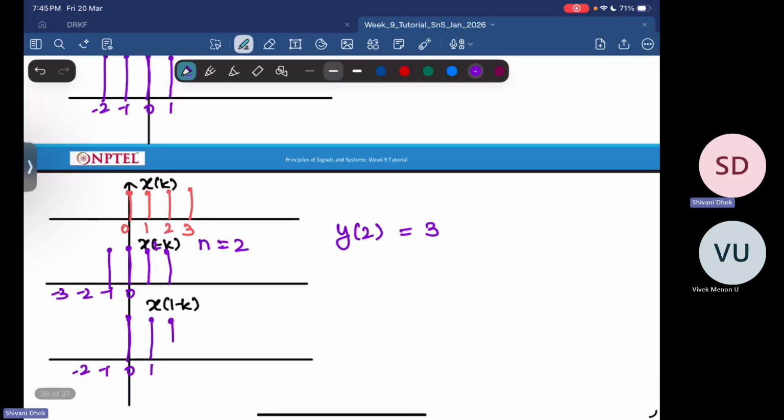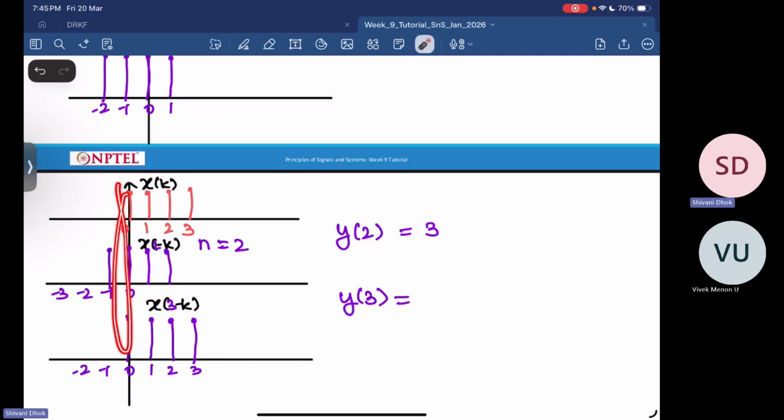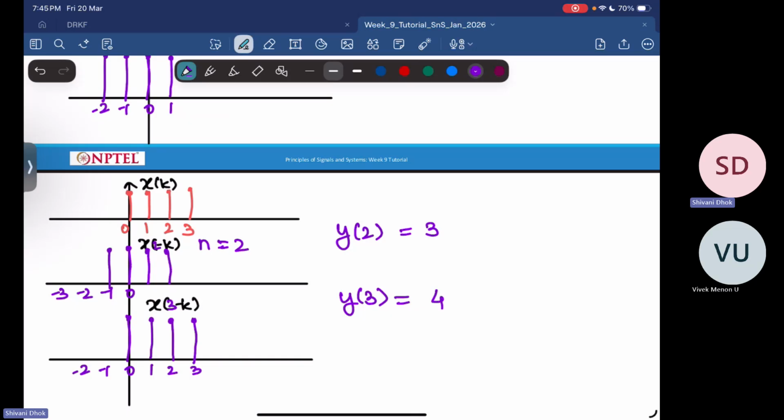Similarly, if you shift it further, so this is 3, not 4. So y of 3 comes out to be equal to, you have complete overlap. So this comes out to be equal to 4.